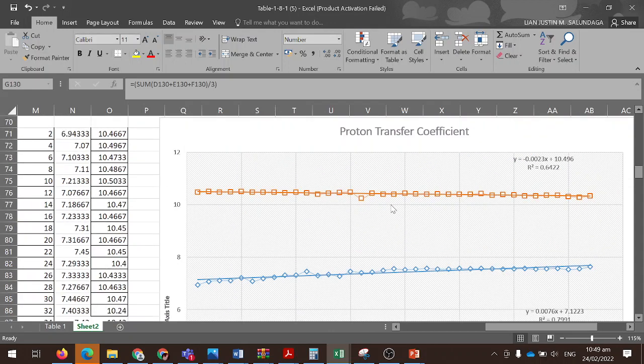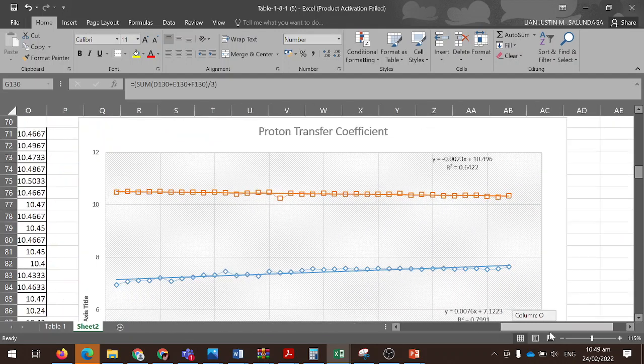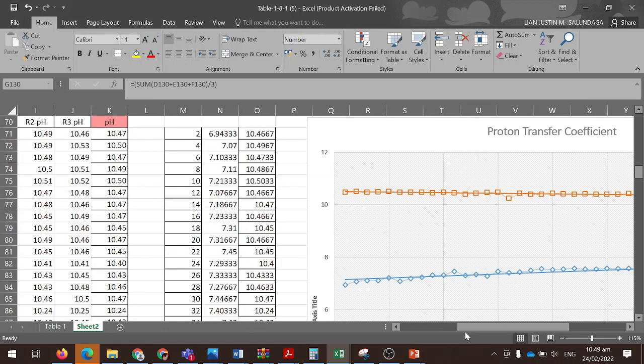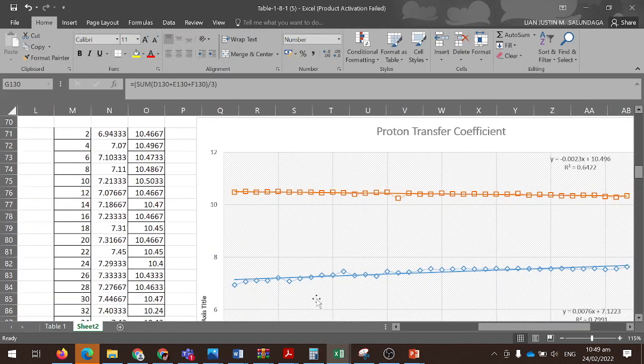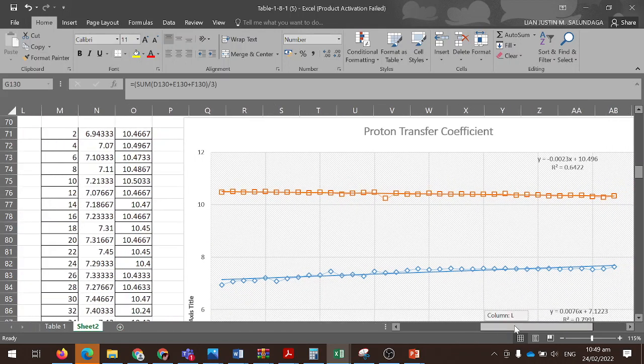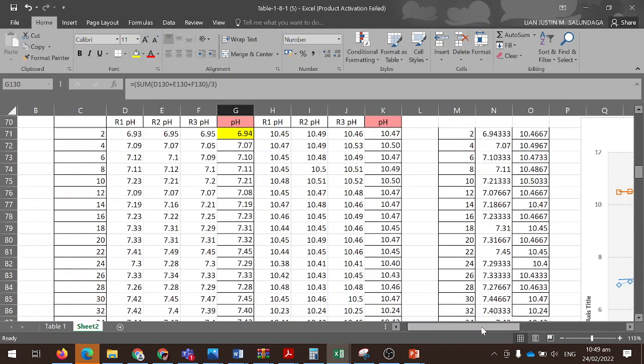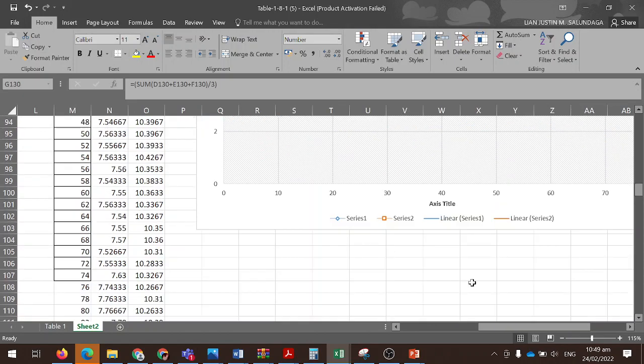Actually, it is going to a straight line if it goes to 5%. But the slope is still negative, so the cathode chamber has a decreasing pH. So meaning to say the proton is being transferred here from the anode. That's why the anode's pH is increasing, because of the increase in hydroxide ions or the decrease in proton ions. No, just the graph.